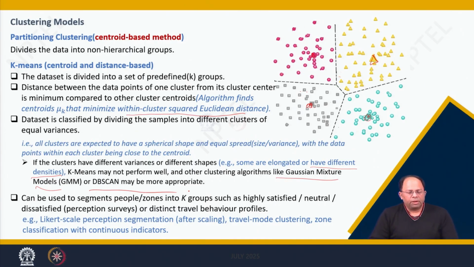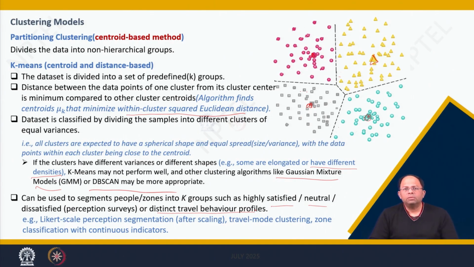So this algorithm could be used to segment people or zones into k groups. For example, we always have satisfaction data when we do a survey, like which group of people are highly satisfied, neutral or dissatisfied, or if we want to find out distinct travel behavior profiles.